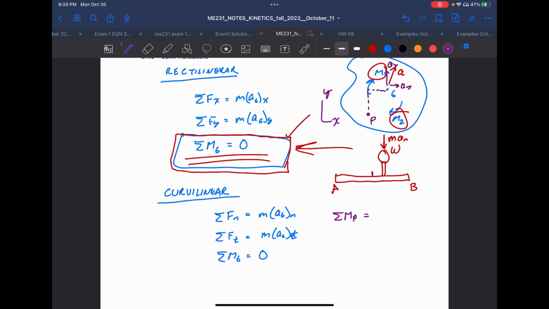It's equal to, in this case, the mass times AX times the distance, which is the Y, effectively. Let's give it a direction of clockwise positive, and then we'll have mass times AY, and its offset distance is going to be the X component there. So you have to include both of those.